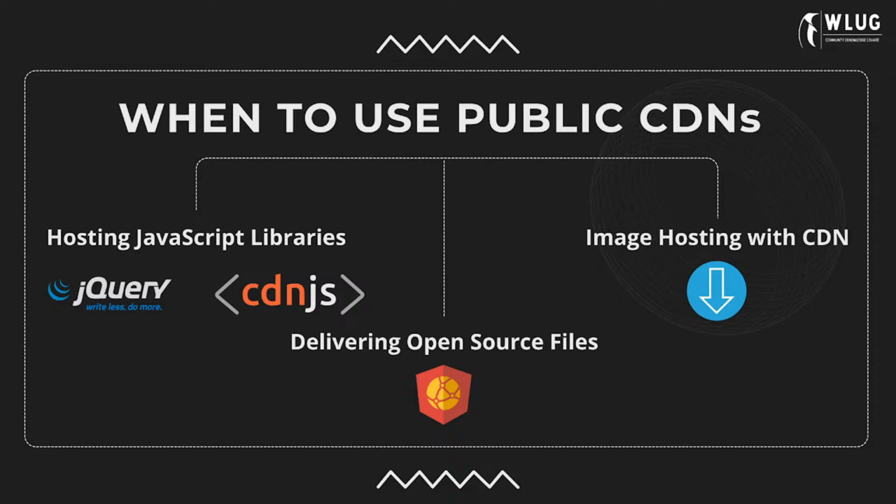Or in order to deliver your images, maybe you're showcasing your projects and the awards that you've gotten on your portfolio, then you can use image hosting. You can host these images with a CDN, for example, AWS CloudFront. Or you're showcasing the code that you've written, and you want to show the code through GitHub, you can use JS Deliver to deliver these open source files.